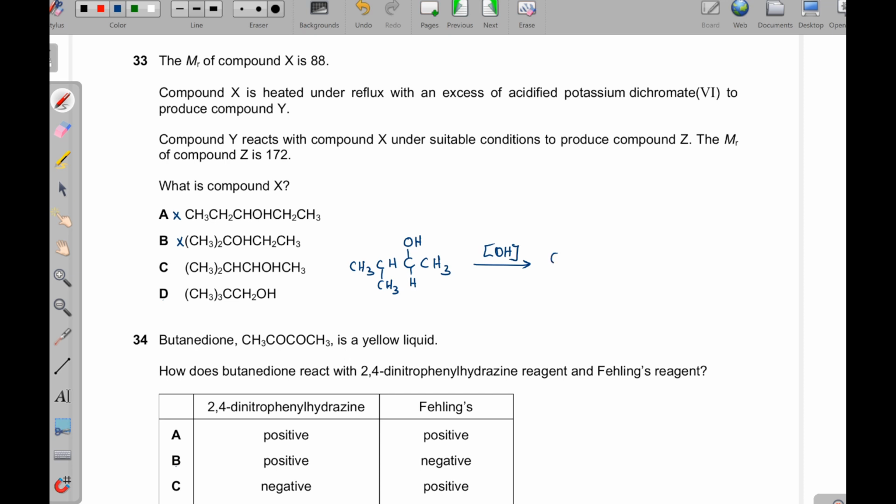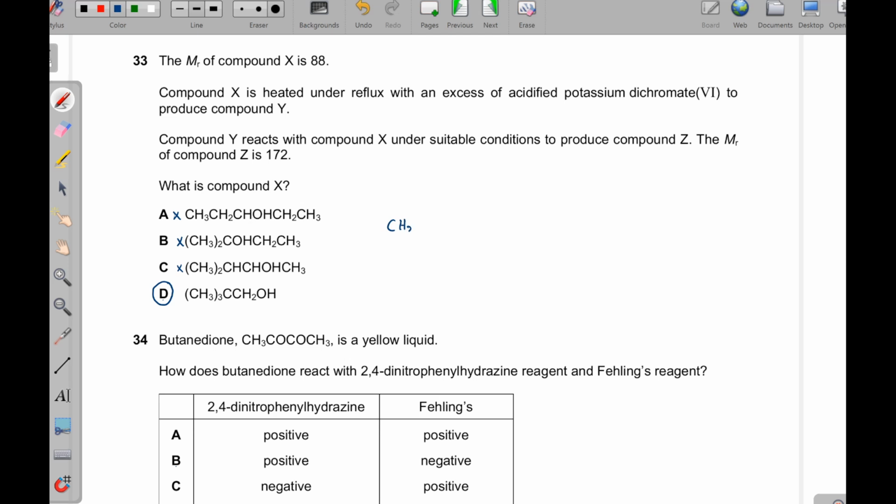This one is going to give CH3, CH3, then C, and this one will also go to a ketone. You see? And again, a ketone cannot react with the alcohol, just like part A. So even this one is off, meaning that our answer is likely to be D. But let's look at D.